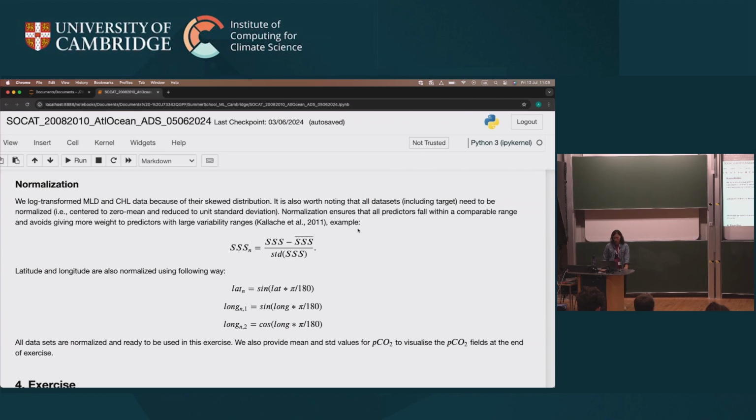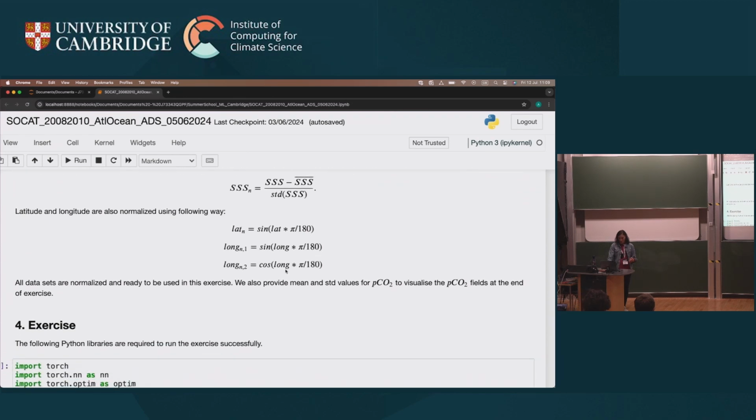For the rest, it's also important to normalize the data, to center it to zero mean and reduce it to unit standard deviation. Why is it important? To put all our predictors in a comparable range and also avoid giving more weight to some predictors that have larger range variability.